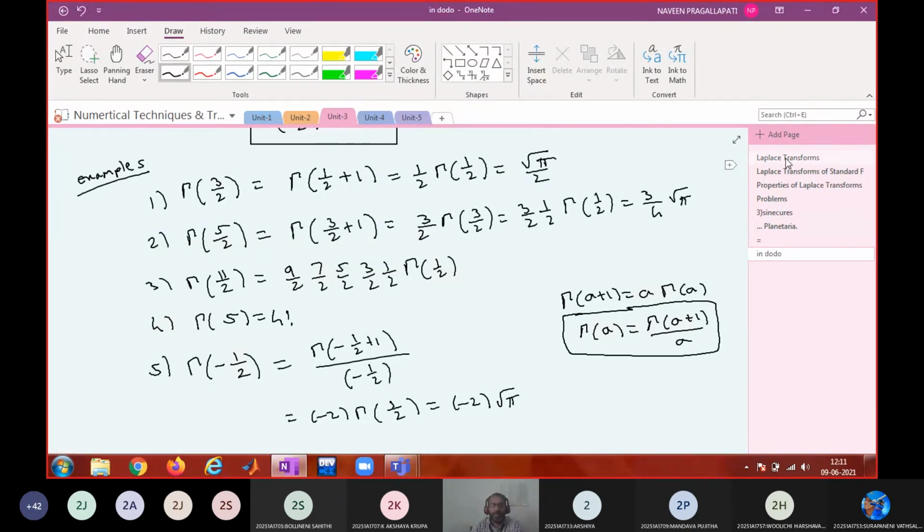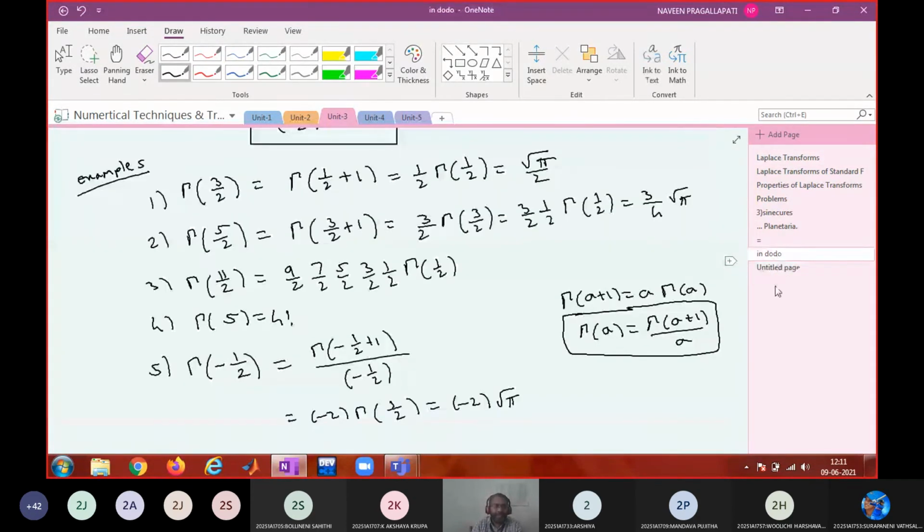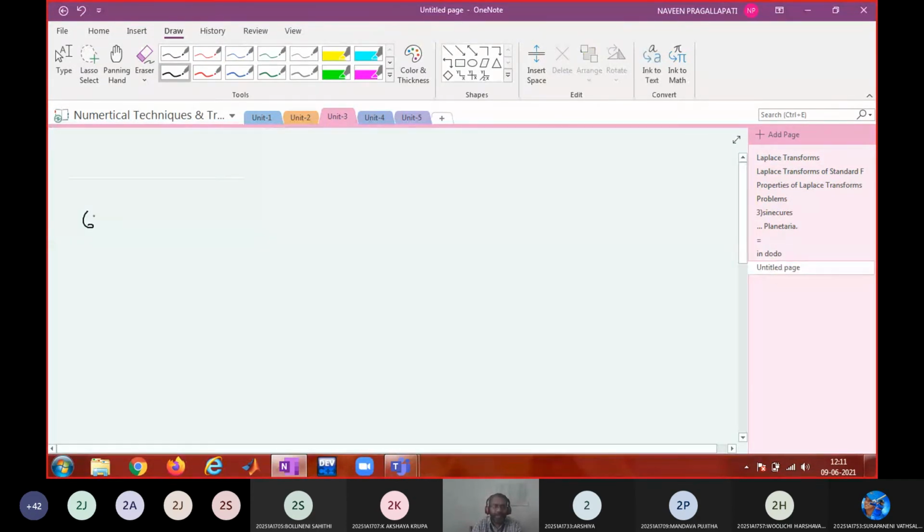Right. Now you see, similarly, if I want gamma of minus 3 by 2, gamma of minus 3 by 2 is what? Gamma of minus 1 by 2 divided by minus 3 by 2, that is, gamma of minus 1 by 2 plus 1 by minus 3 by 2.